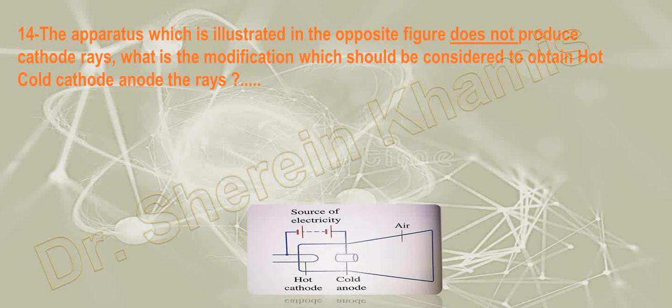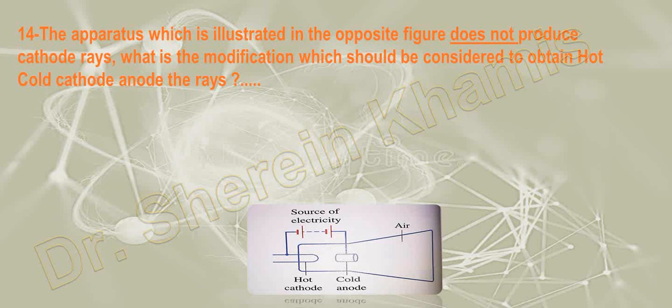Do you think that if the tube contains air inside, it will make the experiment work? No. So the question says: the apparatus illustrated in the opposite figure doesn't produce cathode rays. What is the modification which should be considered to obtain cathode rays?